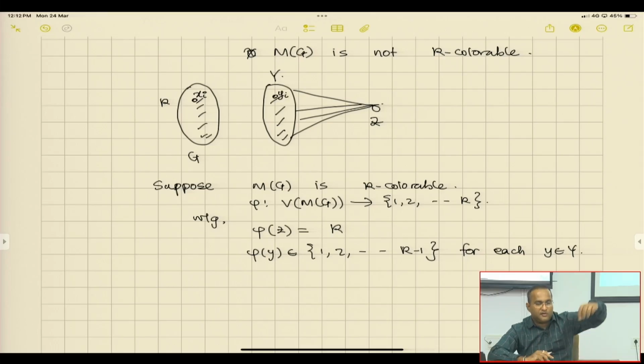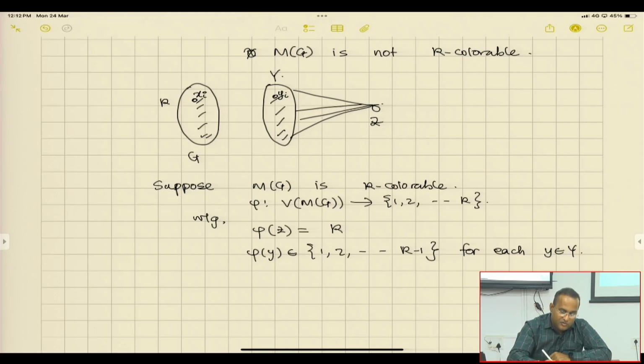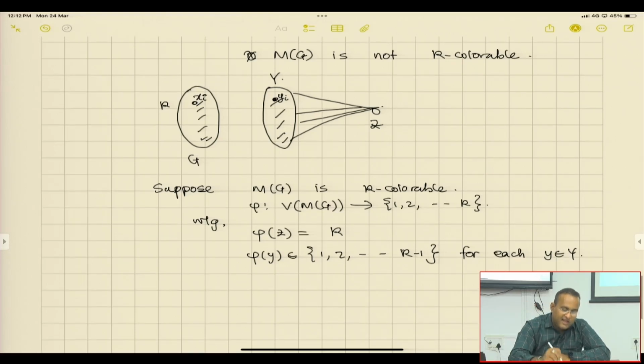The neighbors of xi in G are the same as the neighbors of yi in G, right? They have the same neighbors in G. So we will assign the colors of y1 to yn to x1 to xn.